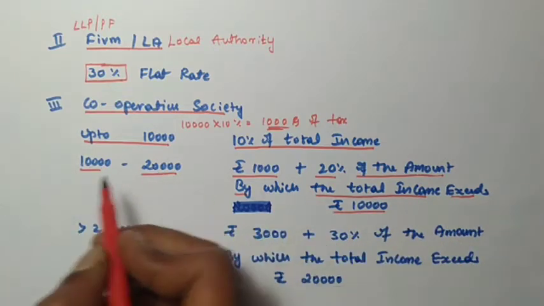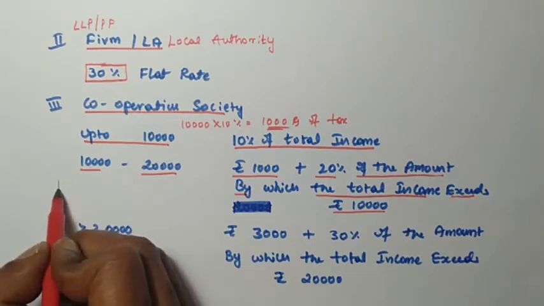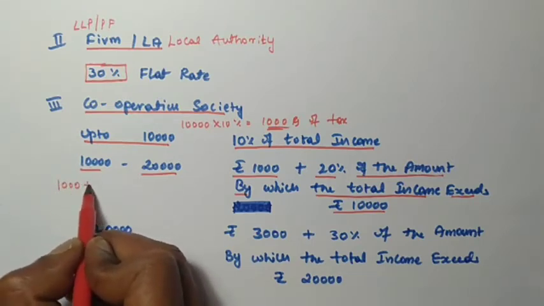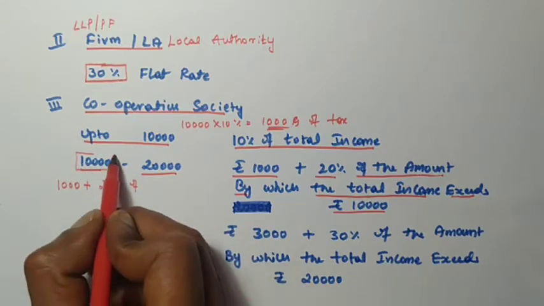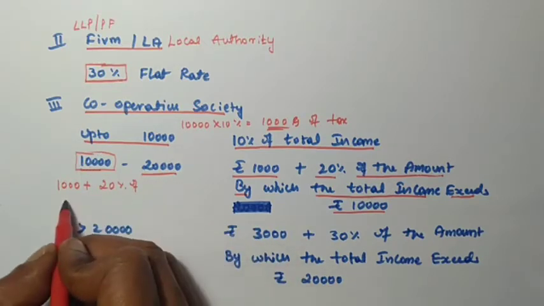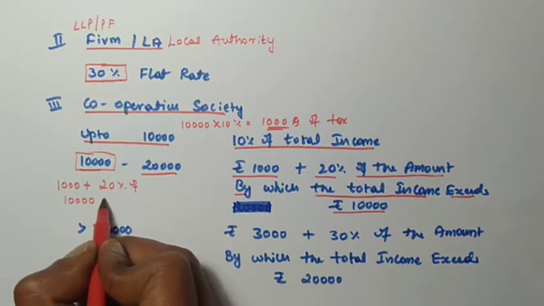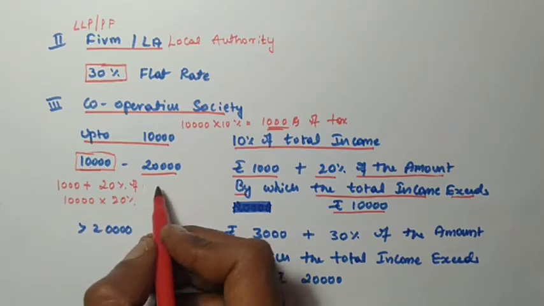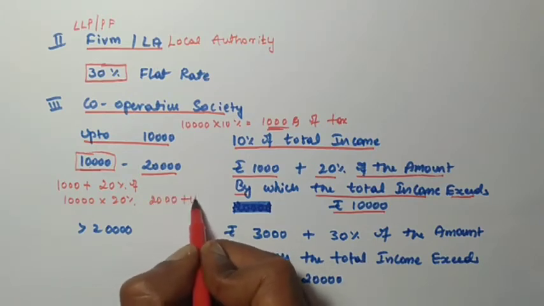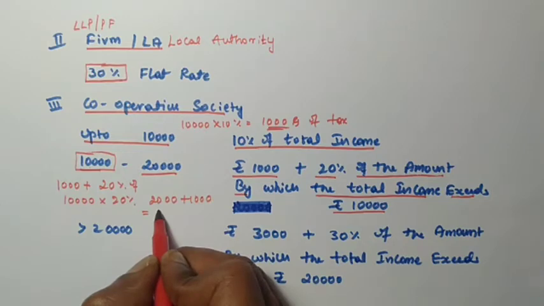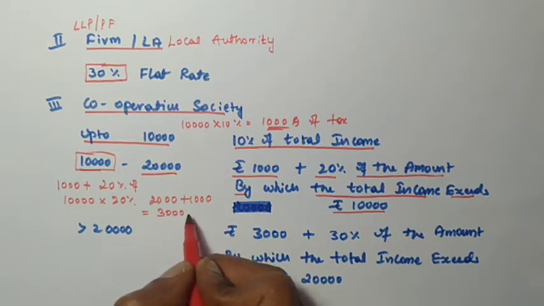That is 10,000 into 20% is 2,000 plus 1,000. Total tax liability is 3,000 rupees.